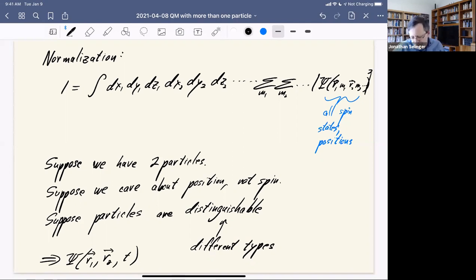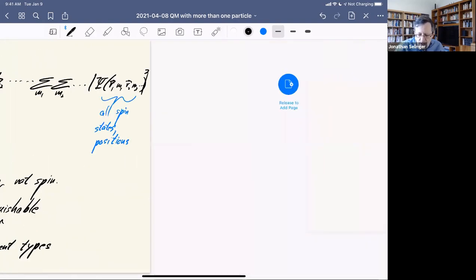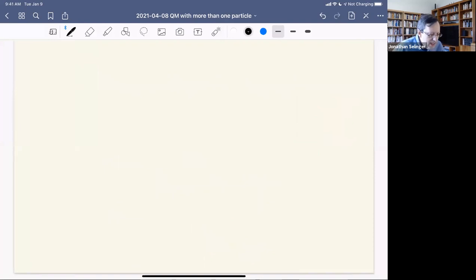So, this is already a lot to deal with. Okay, so let's think about that. I showed you the statistical interpretation of the wave function, right? But now, how do we calculate it? Well, as usual, we calculate it with Schrödinger's equation. So the time evolution is given by Schrödinger's equation.